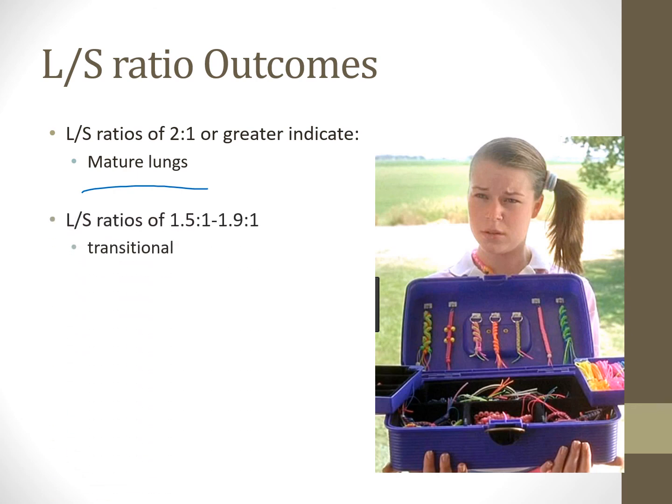But when we see a 2 to 1 or greater, then we're expecting good things as far as the lung maturity goes. If it's 1.5 to 1.9 to 1, that means they're transitioning. This would be more of your late preterms. You're like 35 to 36.9 weeks in that area.